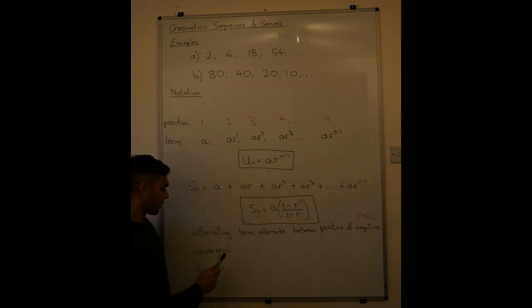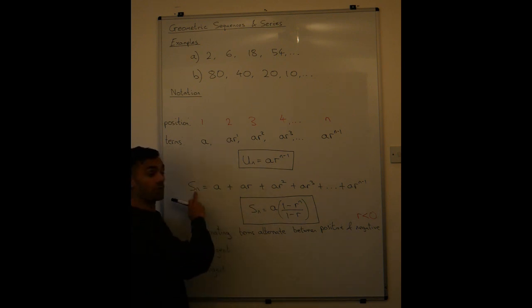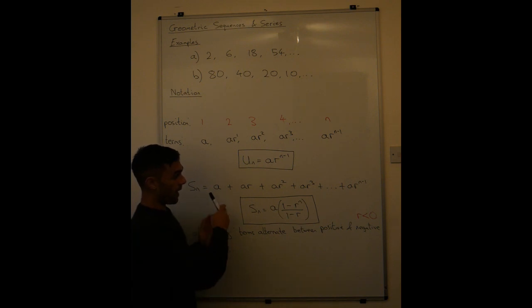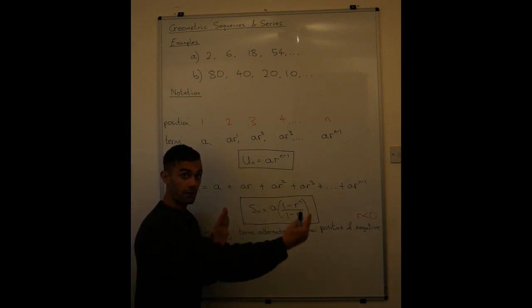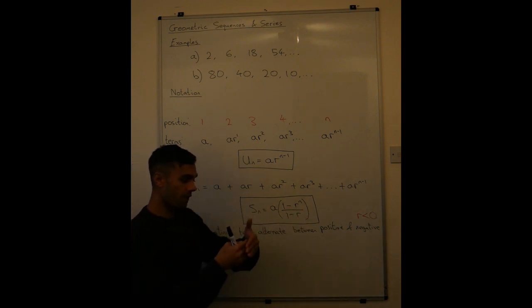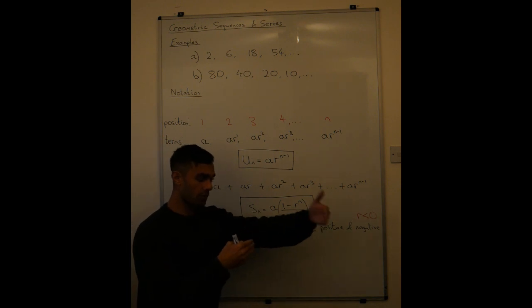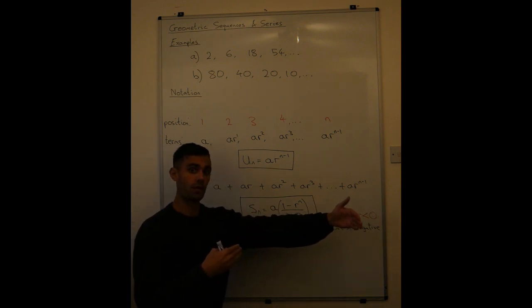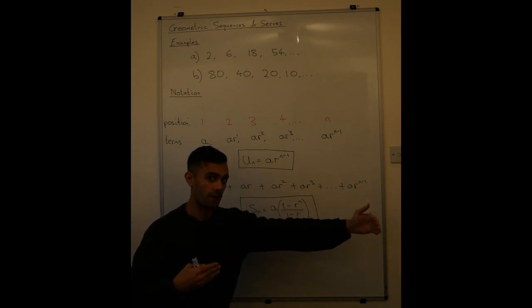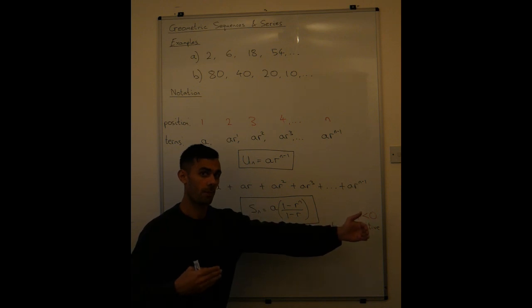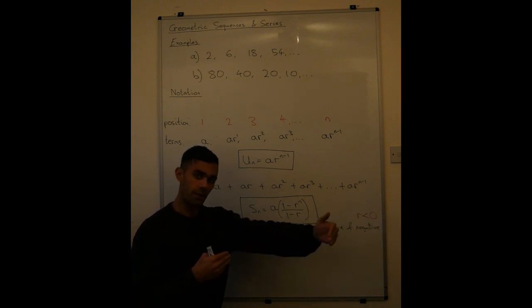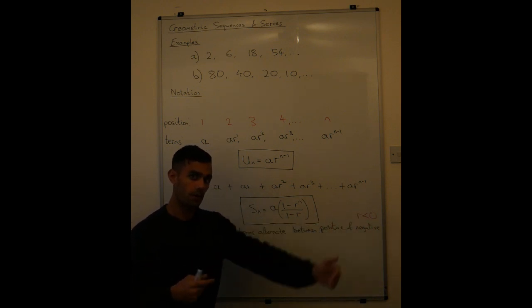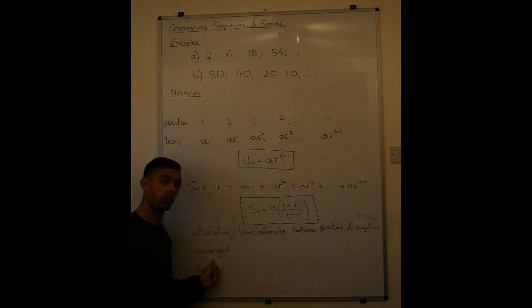Convergent, this is referring to series, in particular infinite series. Sometimes if you just continue to add the terms of a series forever, sometimes they tend towards a limit, sometimes they don't. When they do tend towards a limit, the series is described as convergent.